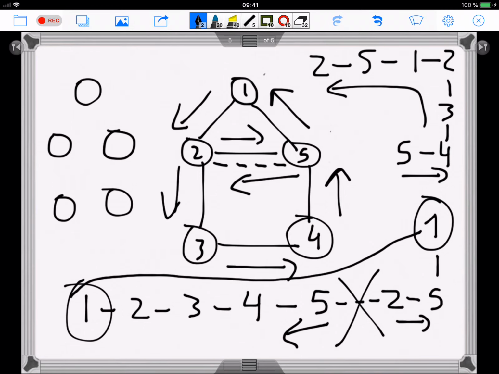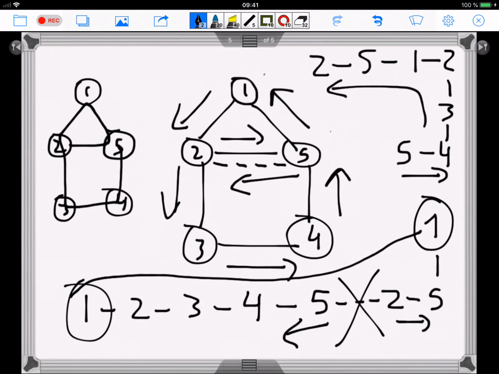So we start in 2. Let me first write the names of the different vertices, and so we start with 2, we go to 5, then to 1, then to 2, then to 3, then to 4, and then to 5.